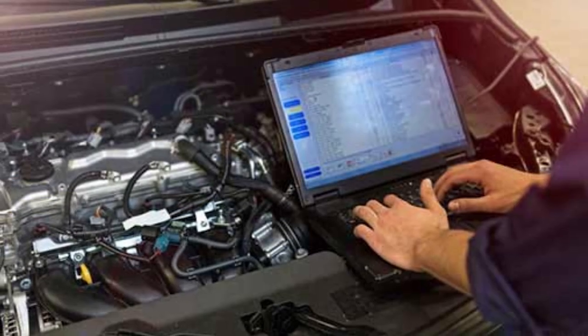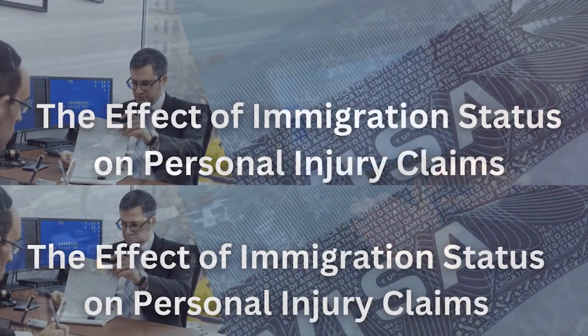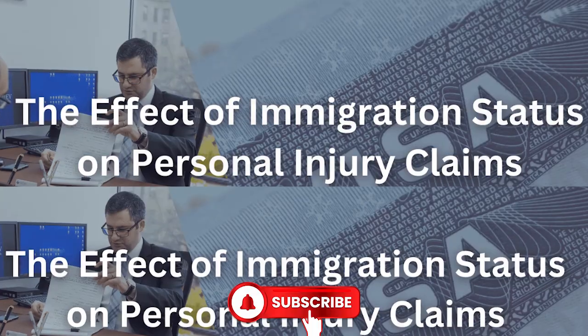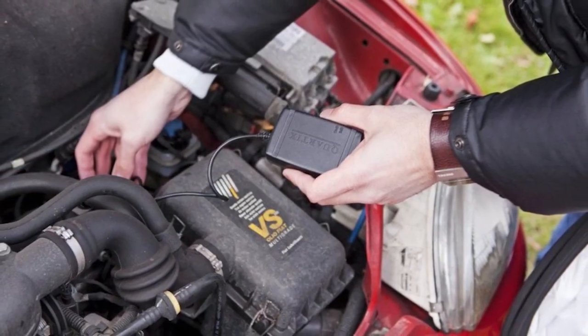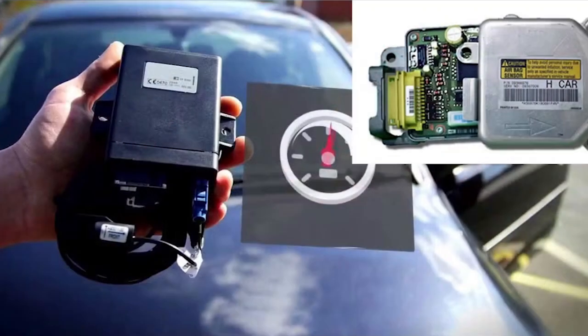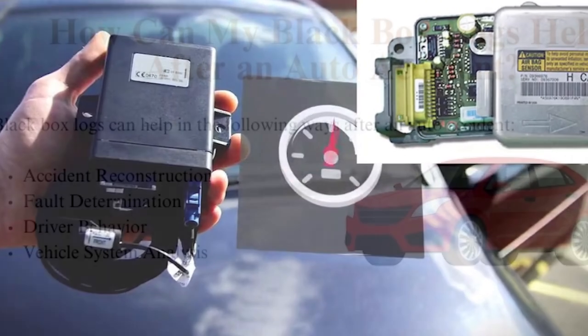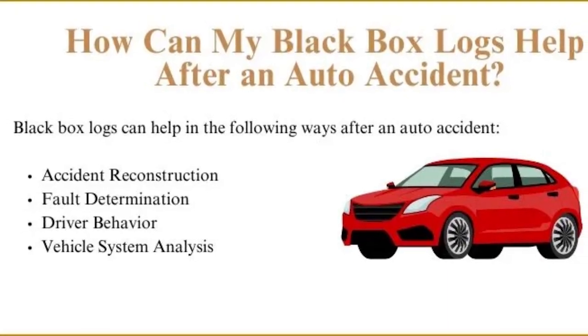Black boxes usually store data such as the speed of the vehicle at the time of the crash, whether the driver was pressing the accelerator or the brakes, the steering angle, the number of passengers in the car, whether seatbelts were being used, and the timing of airbag deployment. Some models even record whether the anti-lock braking system was engaged or whether there was a sudden change in velocity.